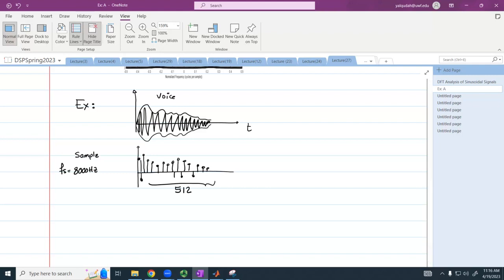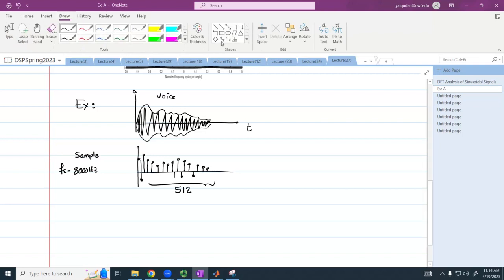So when I go and use MATLAB and ask MATLAB to plot the spectrum for this signal, MATLAB is going to plot something like this for me. So this is the FFT of MATLAB with the shift. It's going to plot a spectrum that's going to look something like this.